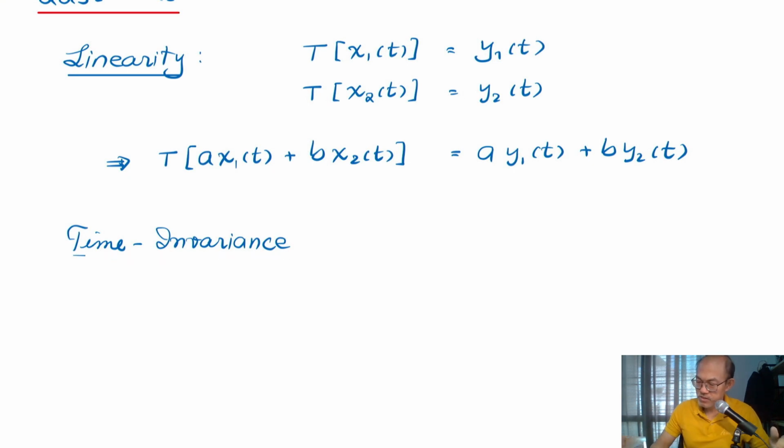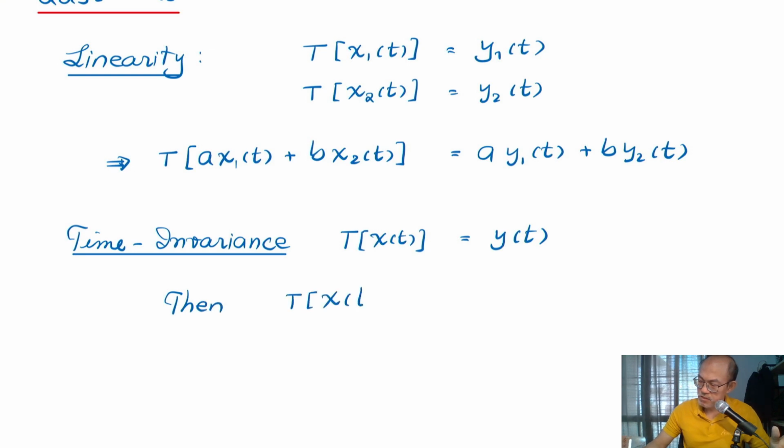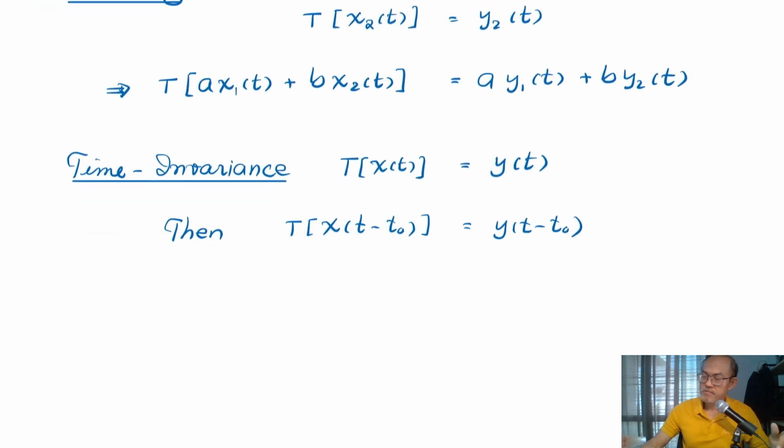So the second property is called time invariant. If the input x to the system T results in the output signal y, then if we shift the input to any particular time t0, the output to the same system would be the same output shifted by the same amount of time.